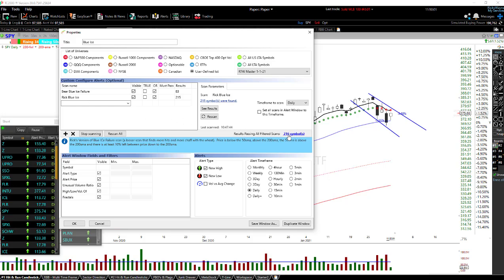As you can see, there are 216 symbols possible for the watch list that I use, and it will only alert when we get that new day high, or I have this marked a check mark high. We're going to look at some of these charts and figure out what we might do with them or how we might handle them.